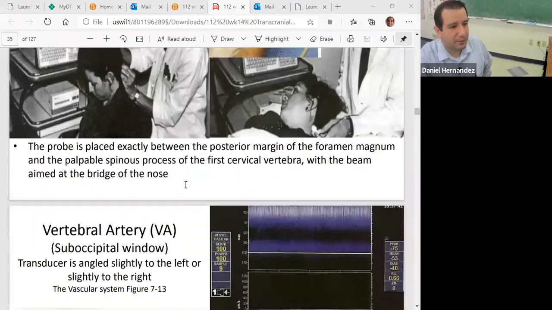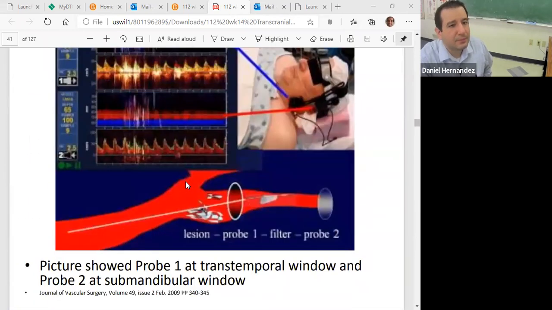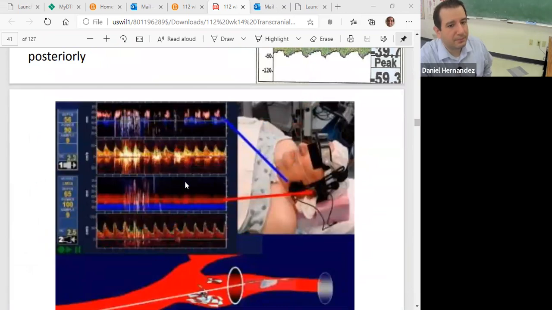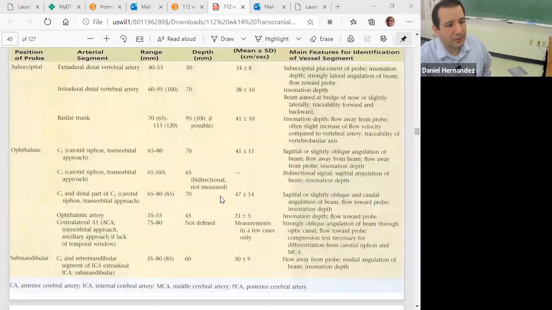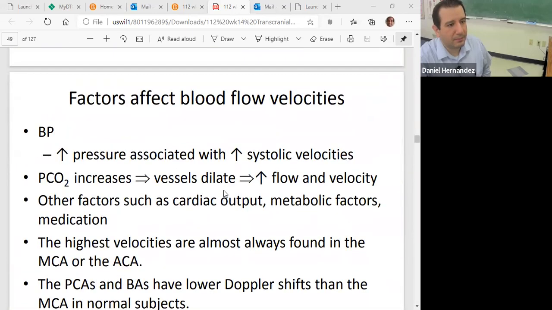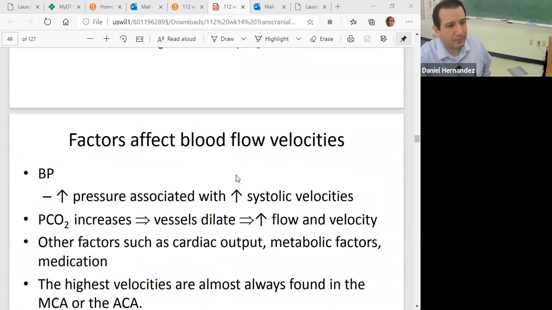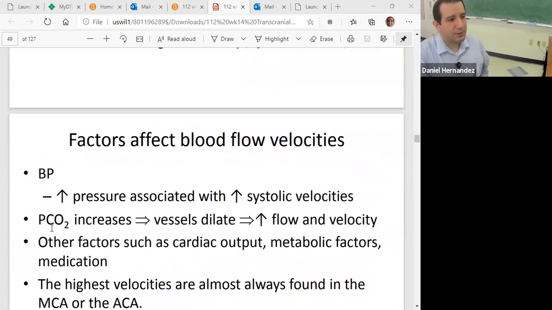So I think we left off on getting into vasospasm. So this was actually an important point.